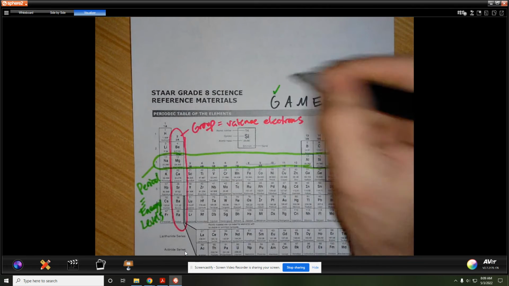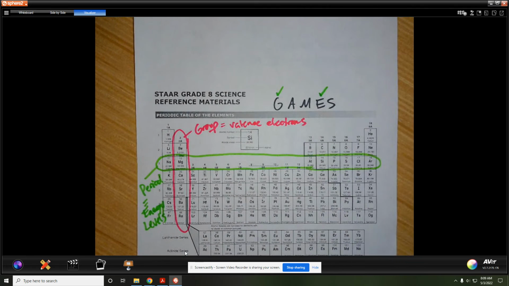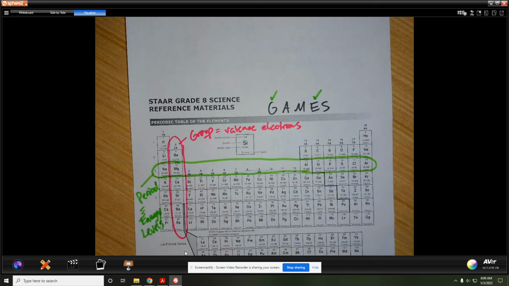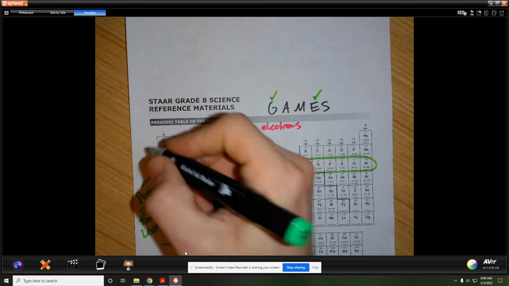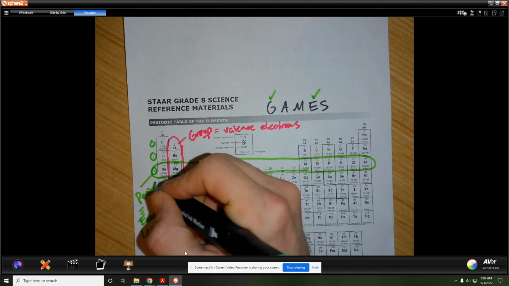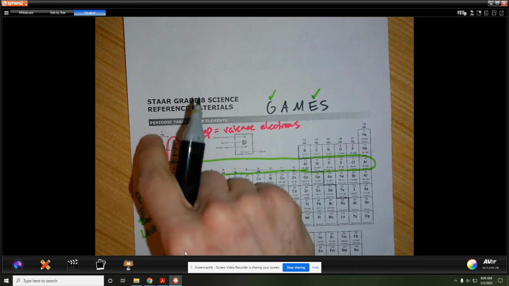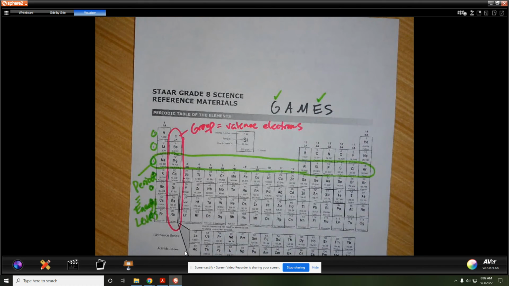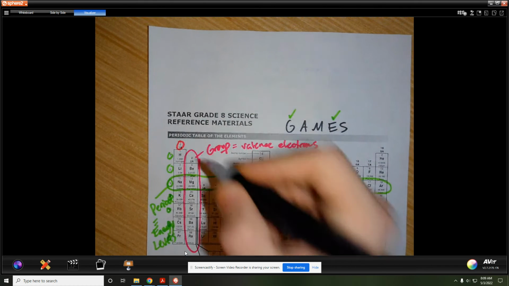So we have G and E already checked off. Groups are equal to valence electrons. Periods are equal to energy levels going left to right. And so when we look at the energy level numbers, 1, 2, 3, 4, 5, 6, and 7, those are the number of energy levels. But when we look at the group numbers, we can only make predictions about group number 1 and group number 2.